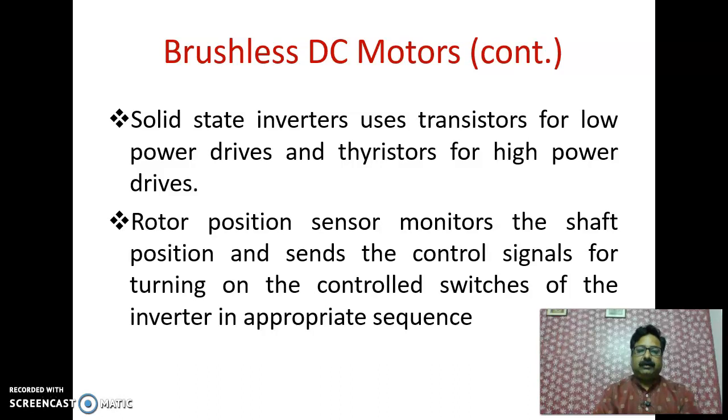And the work of the position sensor is to determine the shaft position. On the basis of that, they send a control signal to the control circuitry to turn on the corresponding switch. So the corresponding switch of the inverter is turned on and the appropriate sequence of excitation is achieved.